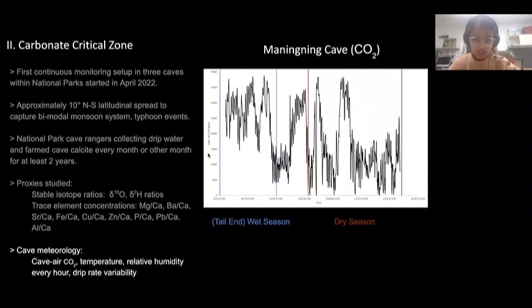And on the y-axis, we have cave air CO2 concentrations in parts per million. You can see seasonal, or essentially some synoptic, variations in the carbon dioxide concentrations, but they do range from about 10,000 parts per million all the way up to 35,000 parts per million.